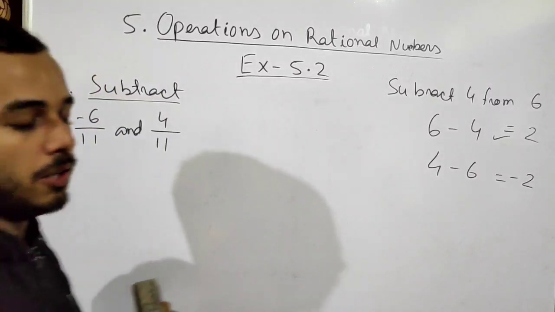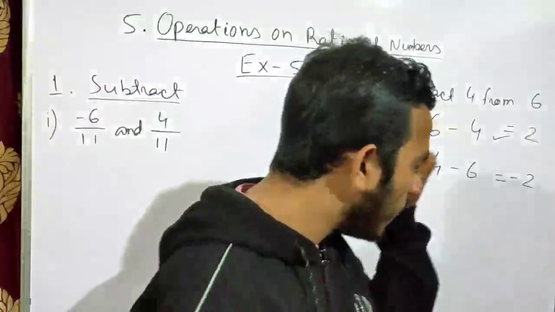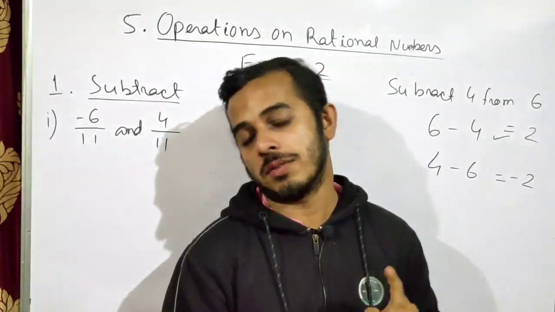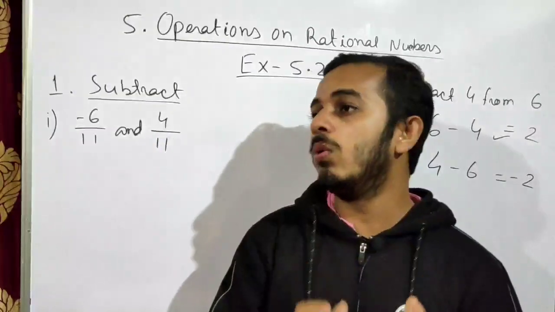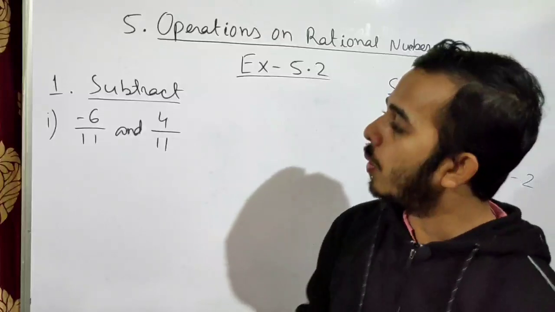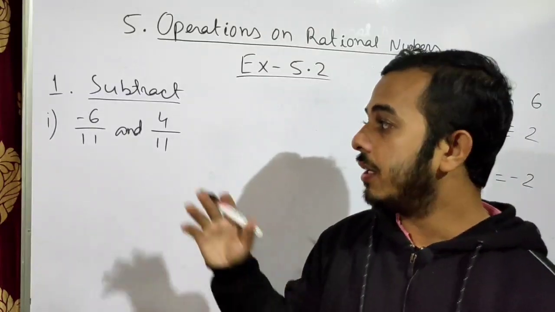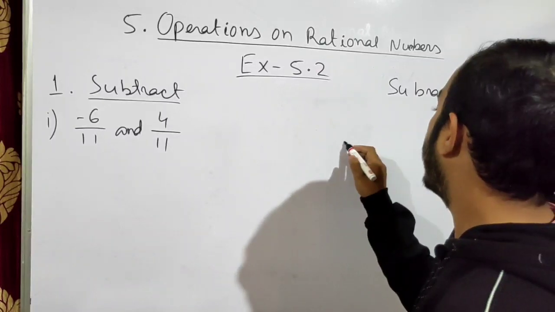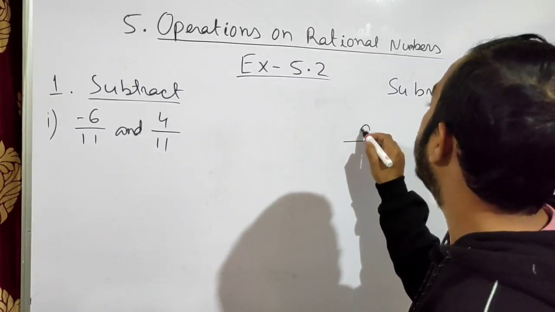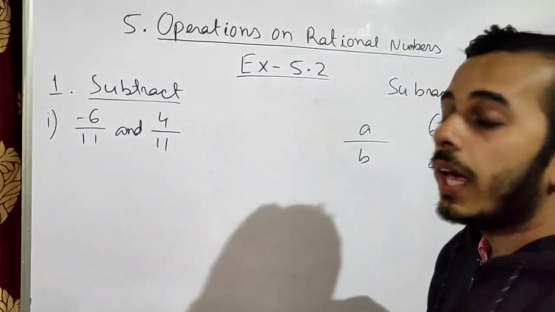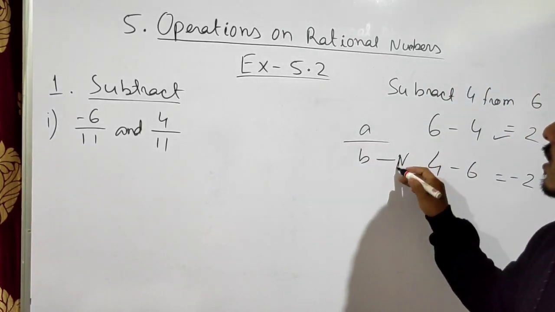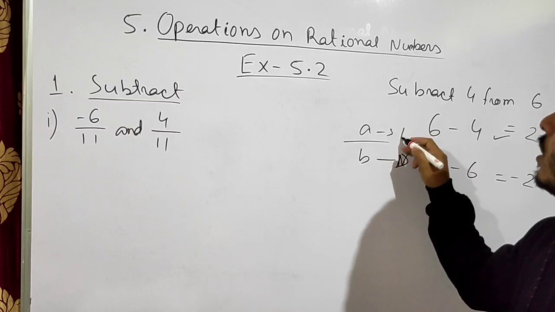Now these are the rational numbers. First thing we have to look at when we are adding and subtracting is whether the denominators are different. Which one is the denominator? For example, let us take a fraction a by b. Here b is the denominator. The number which lies below is known as the denominator, and this one is the numerator.